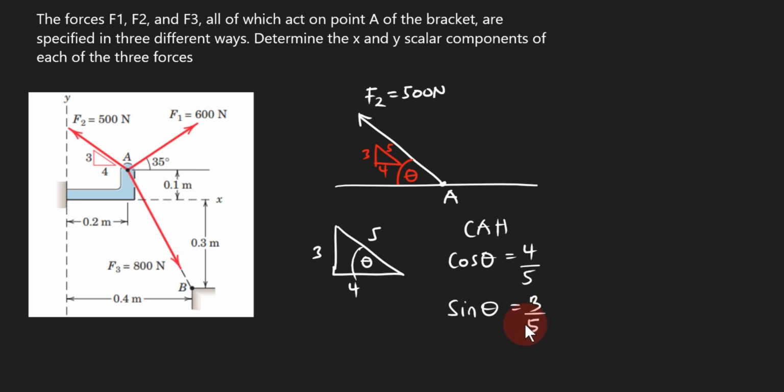So we have those two ratios there. We know the cosine of the angle and the sine of the angle. So I'm going to use this to find the components of the two forces.